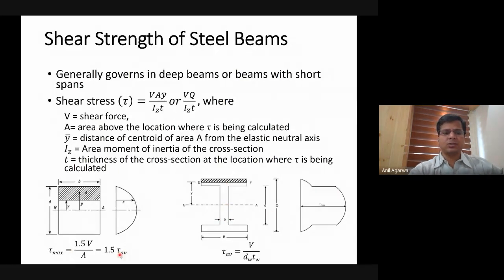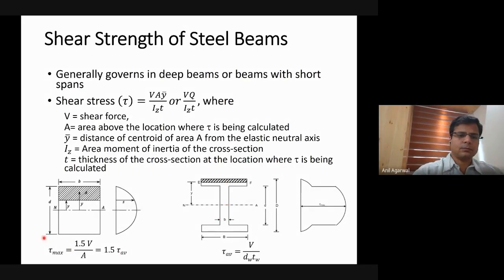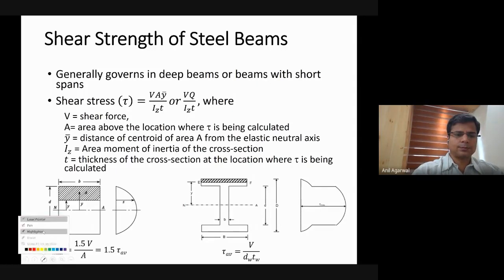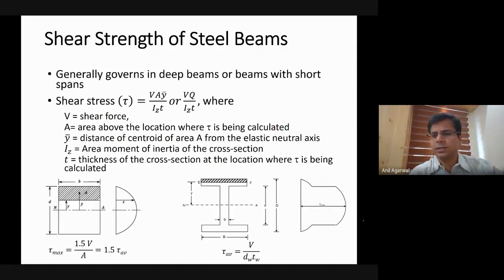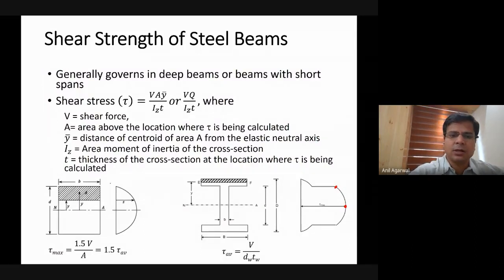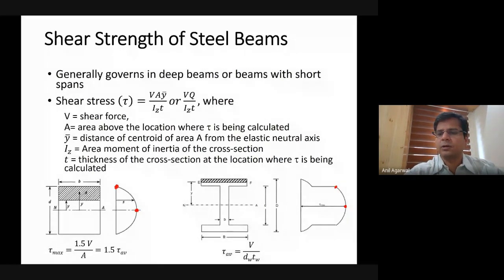And what we do essentially is, in the web there is still some variation in the parabola, but now the difference between this value and this value is not very large, unlike here. Here the values were completely different at the centroid with respect to the ends, but here the two values are relatively similar.